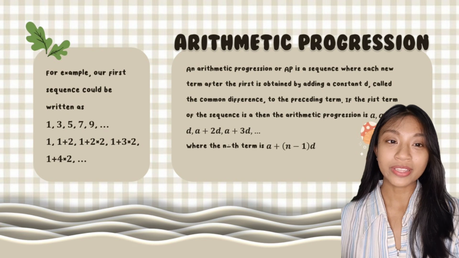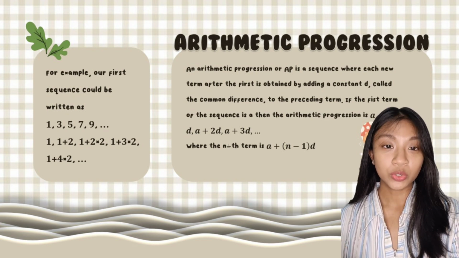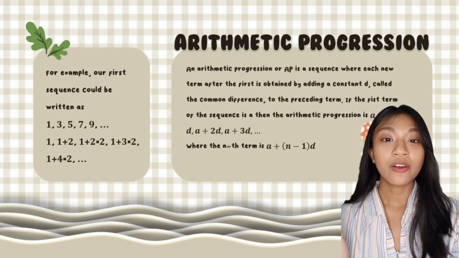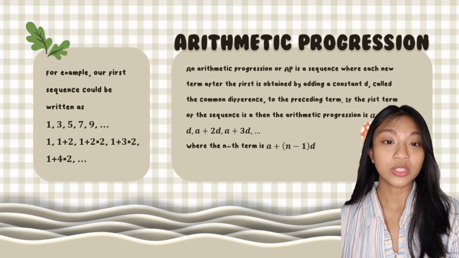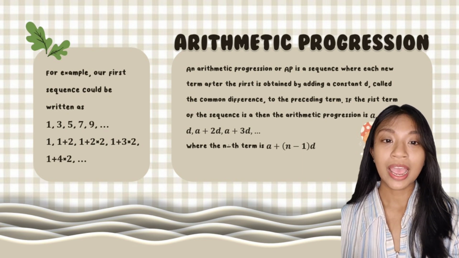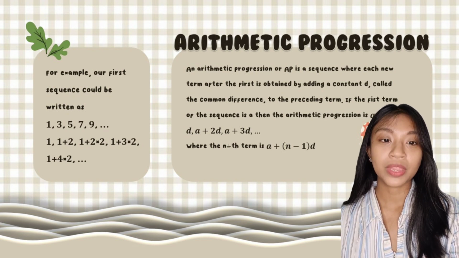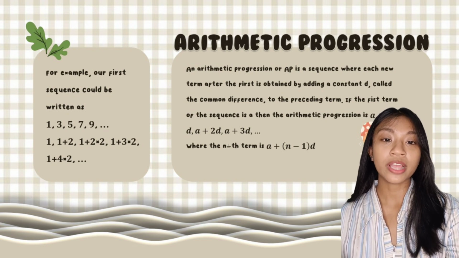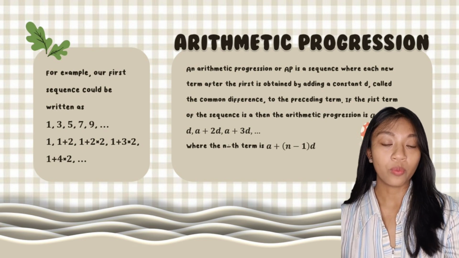And this can be written as a, a + d, a + 2d, a + 3d, a + 4d, and so forth, where a = 1 is the first term and d = 2 is the common difference. If we wanted to write down the nth term, we would have a + (n - 1)d.